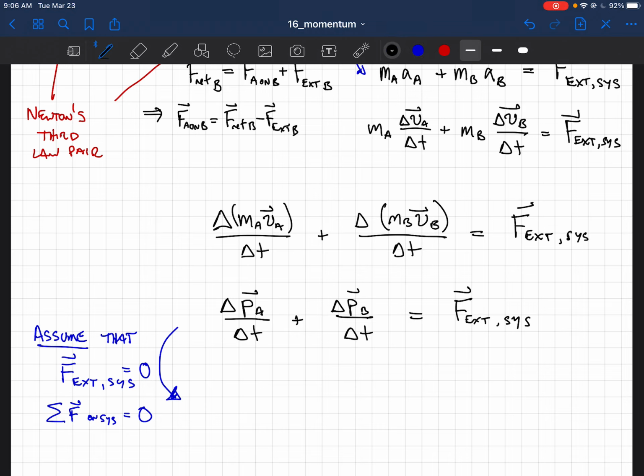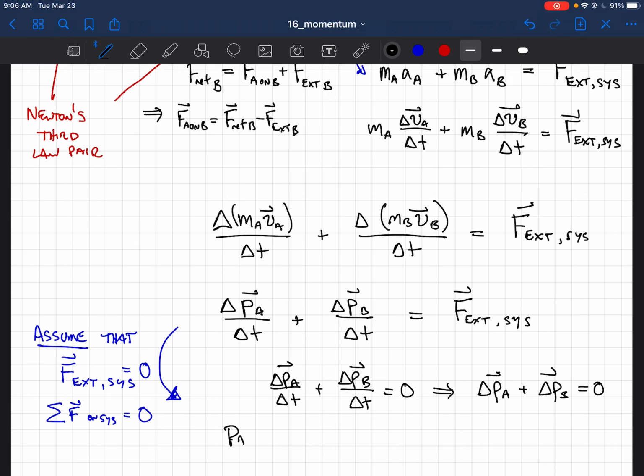And if we do that, then what do we get? We get delta PA over delta T plus delta PB over delta T is equal to 0, or we could just multiply through by delta T, and we get delta PA plus delta PB is equal to 0, and I've lost my vector signs, which is bad.